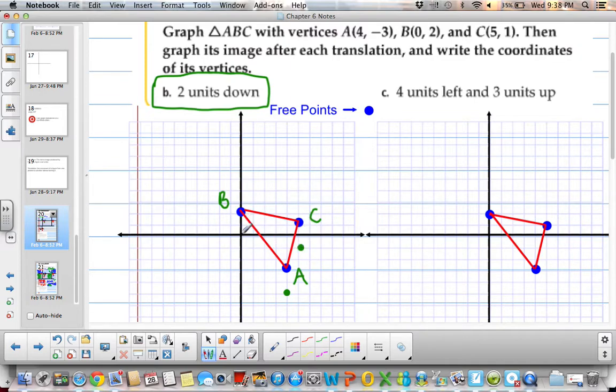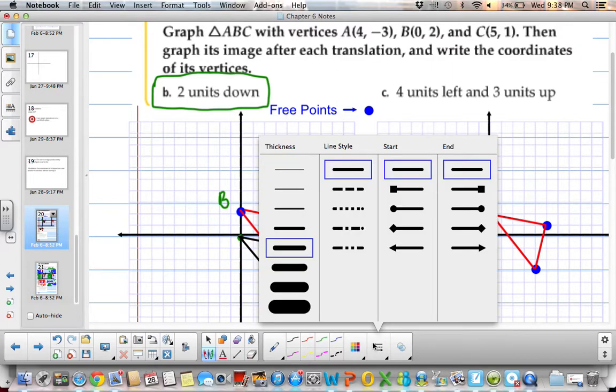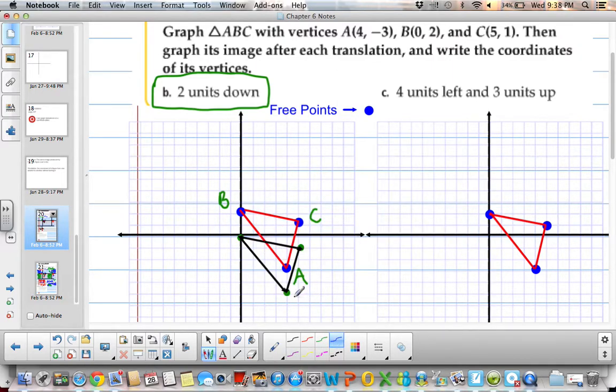And B is 1, 2. So there's my new triangle. So let's connect these. Okay, and I'm going to make sure that I label this. So here now we have A prime, because remember that's our image. Oops, that's C prime, and then we have B prime.